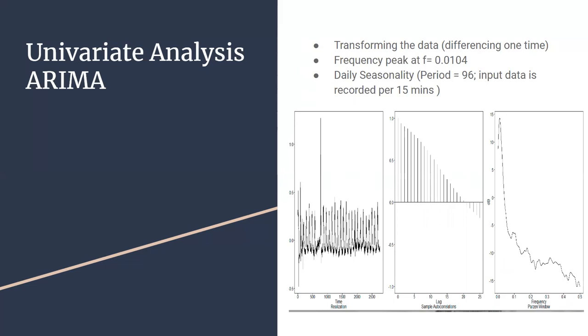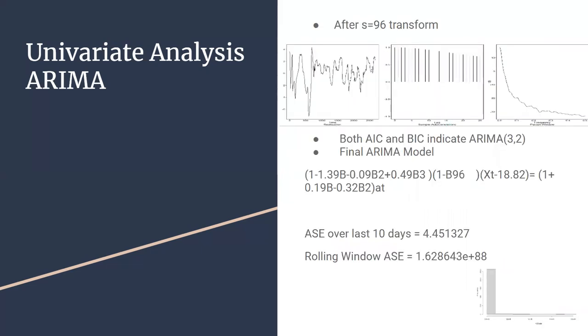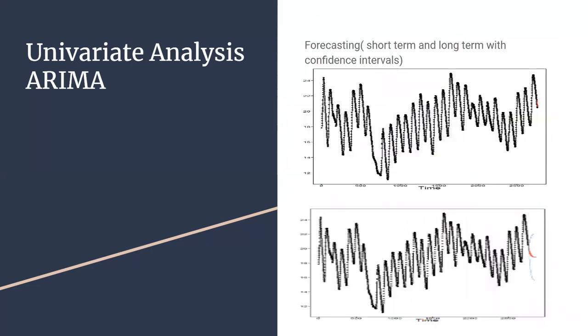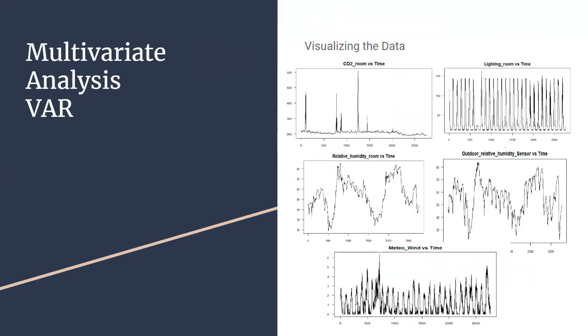After handling the seasonality, both AIC and BIC recommend an ARIMA(3,2) model, which gives an ASE of approximately 4.45 over a 10-day period. As you can see, here are the forecasts along with the confidence interval for the ARIMA(3,2) model.